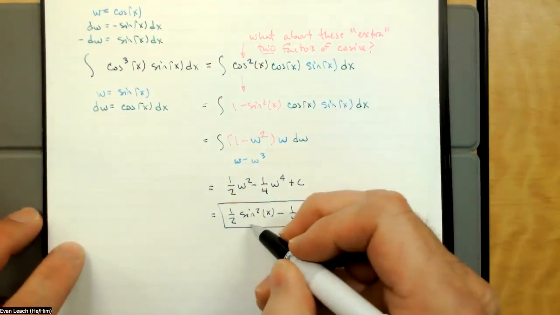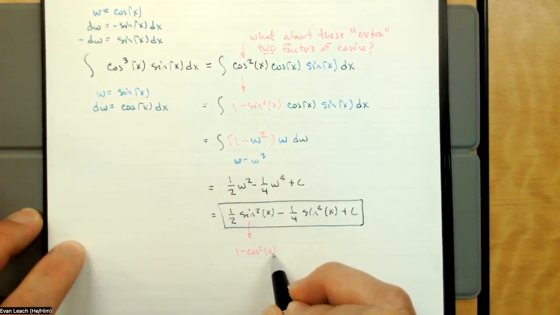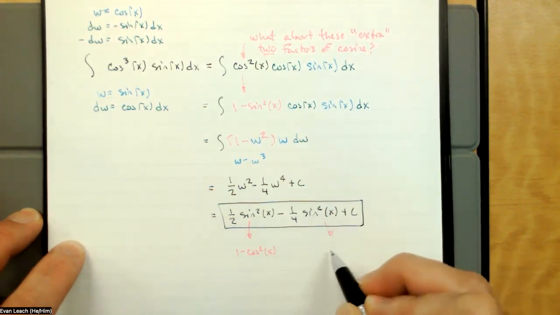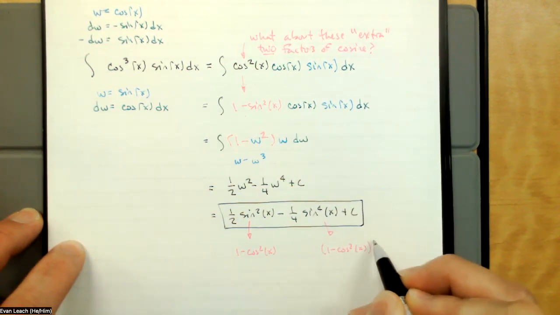So we can just kind of undo the thing that we did. Sine squared is 1 minus cosine squared, and sine to the fourth is 1 minus cosine squared, squared.